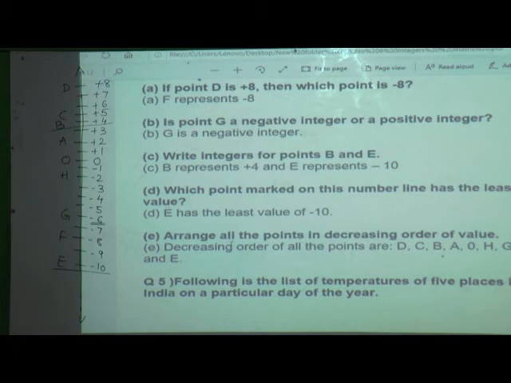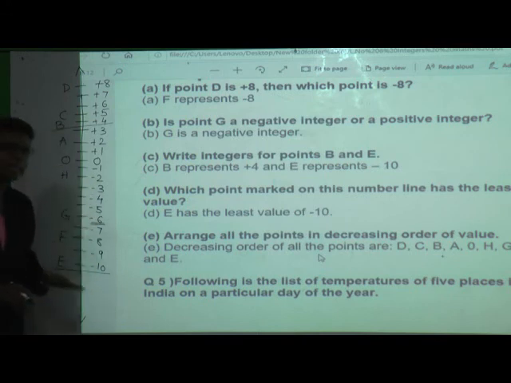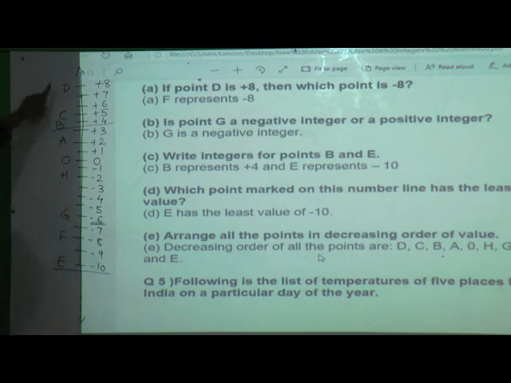Next question. Arrange all these points in decreasing order of value. Okay, now see, we know these are the positive integers and negative integers. Now we have to arrange these in decreasing order. Decreasing means greater to smaller. So how will we arrange? First of all, D, C, B, A, O, H, G, F and E, as these are in decreasing order, right?